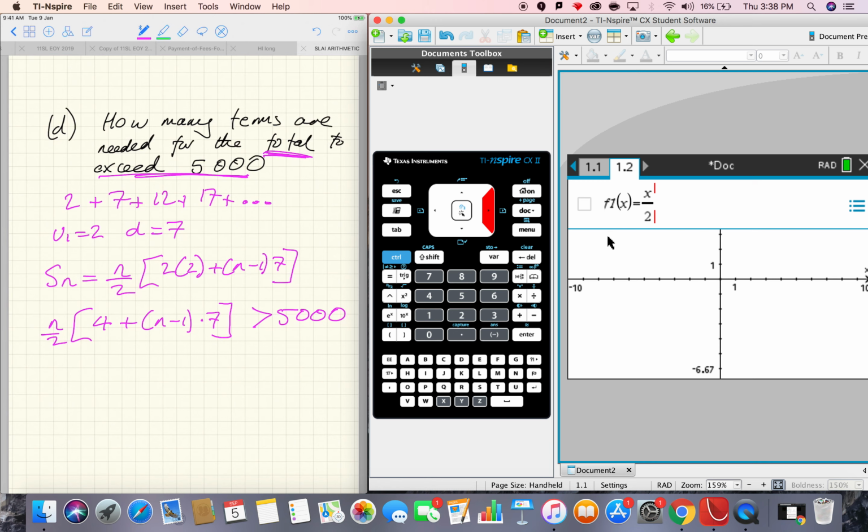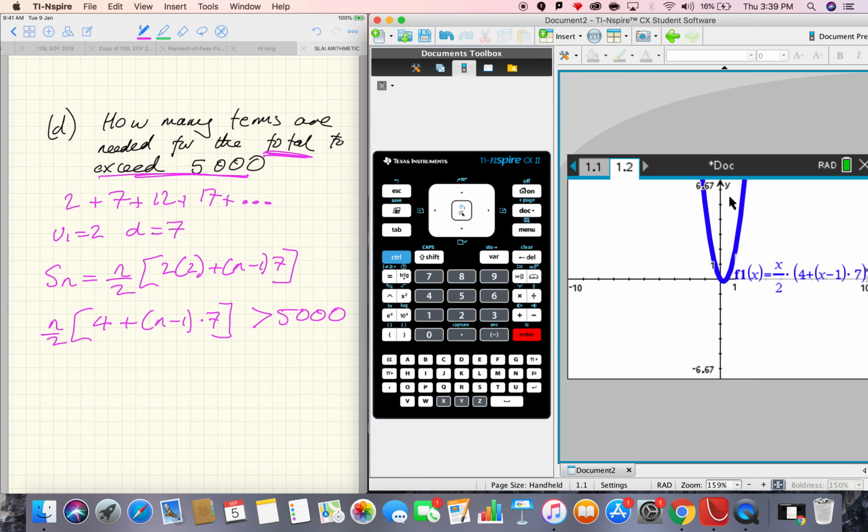Then open bracket, 4 plus open bracket x minus 1 close bracket, and then times 7. So that'll be the graph, and when we enter it, we can see a bit of the graph now, can't we?